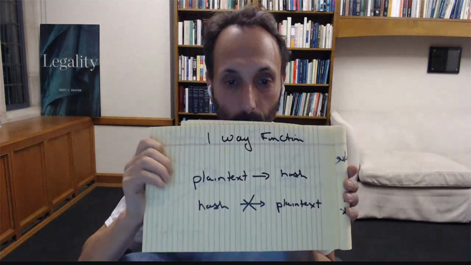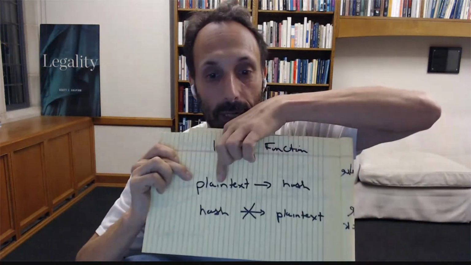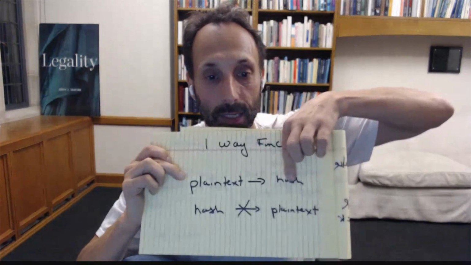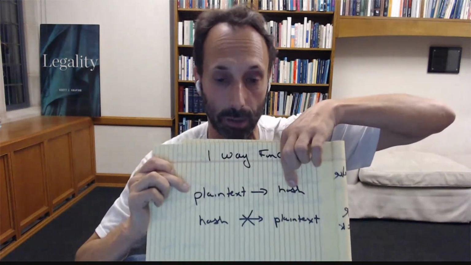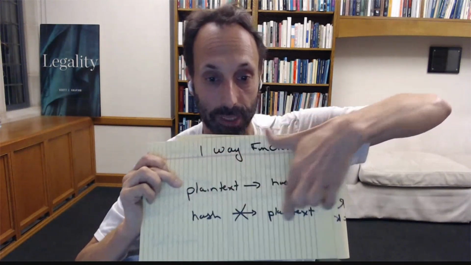Okay, next page here. Now the thing about a hash is it's a one-way function. It's really easy to go from the plain text to the hash. It's really hard to go from the hash to the plain text. Let me give you an example. So here's my phone.